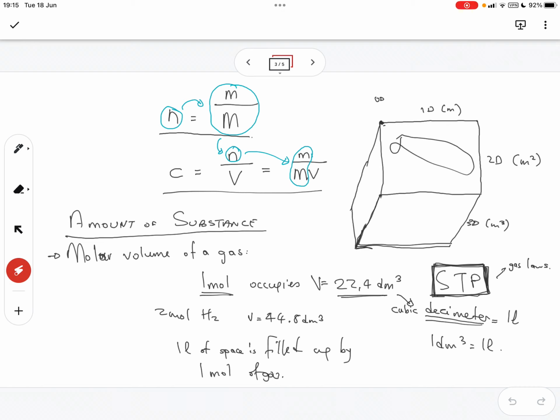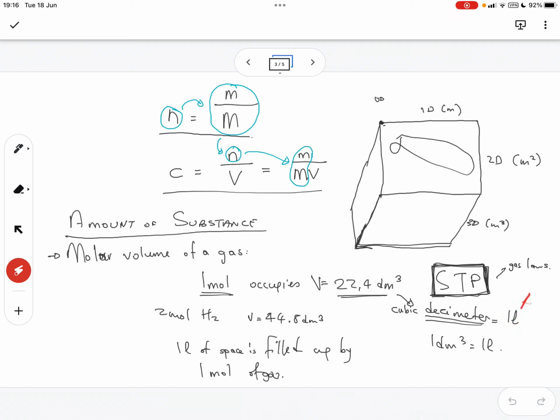There's one thing that we always need to keep in mind when coming to the molar volumes of gas, and it's that 1 mole of any gas, be it H2 gas or ammonia gas, doesn't matter the gas, 1 mole occupies 22.4 cubic decimeters. And now, don't be startled by this unit. The cubic decimeter is simply equivalent to 1 liter.